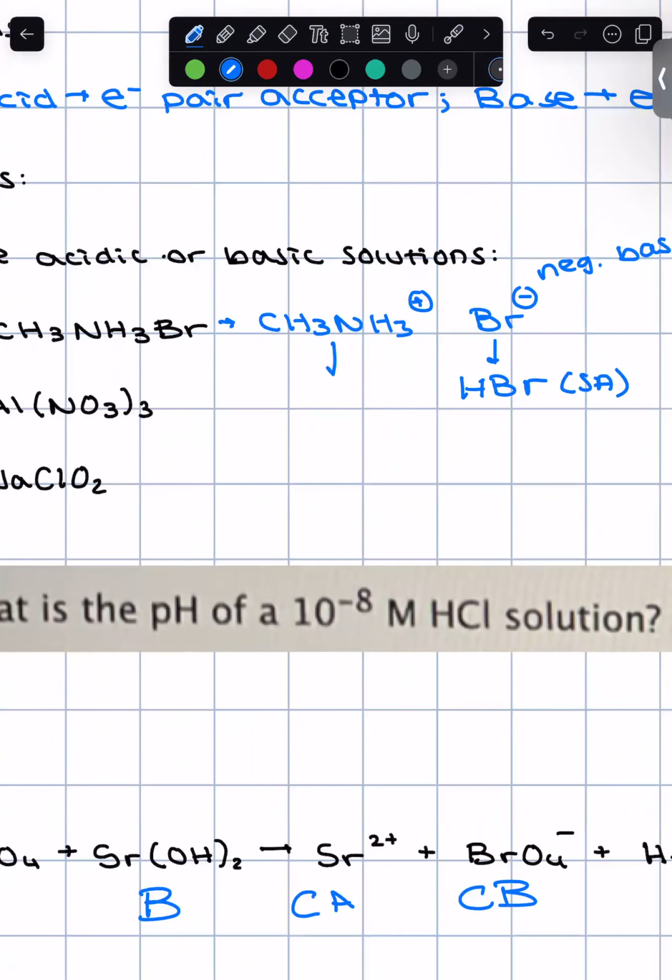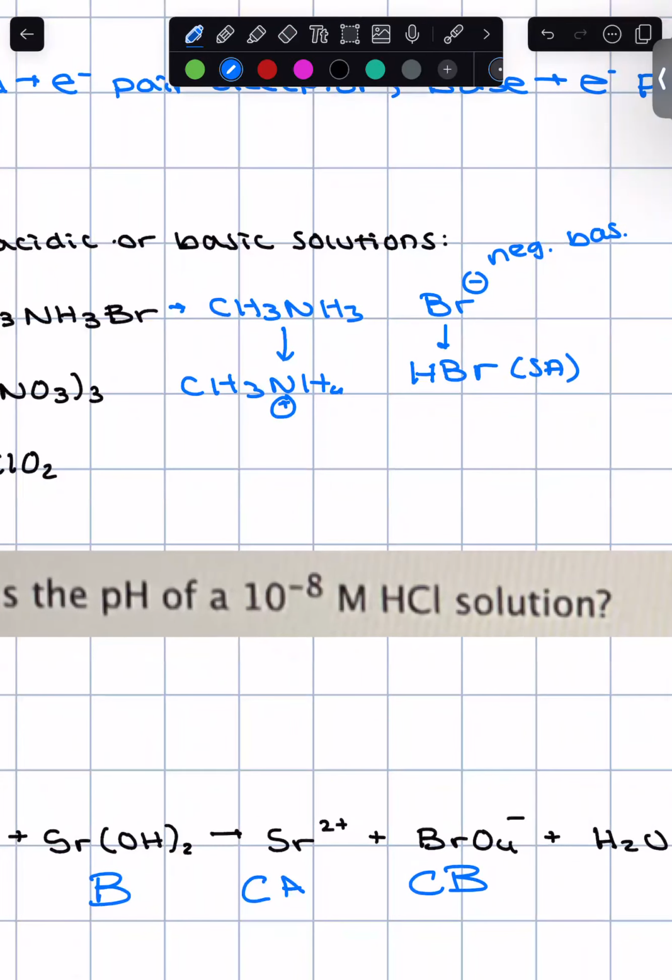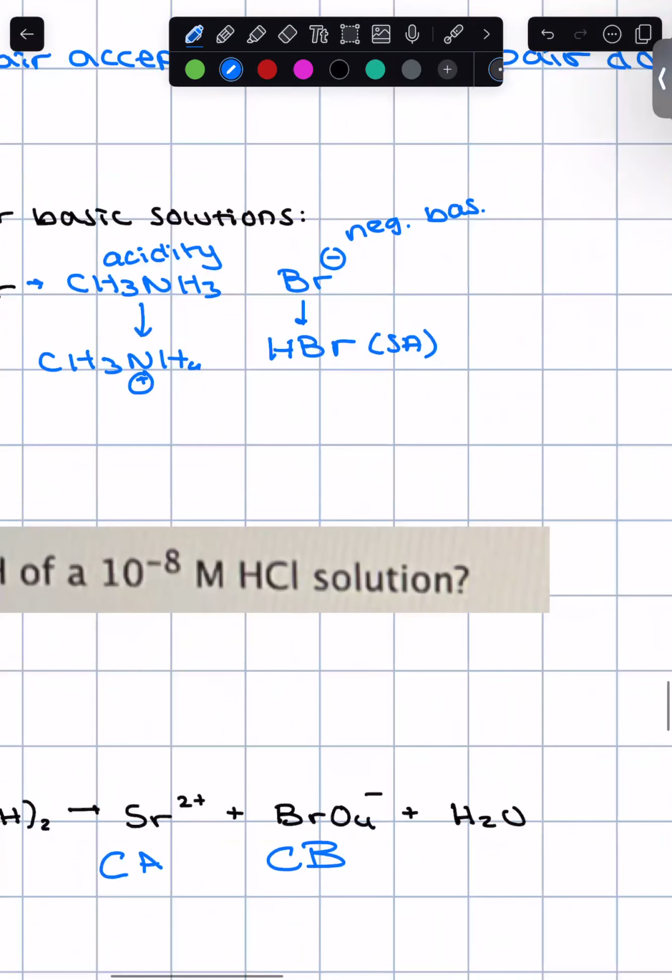This is a conjugate acid of some base. So I would say it's going to be CH3NH2. Or I don't think this has a charge on it. But this is not a strong base. So this does have some acidity. The solution is acidic.